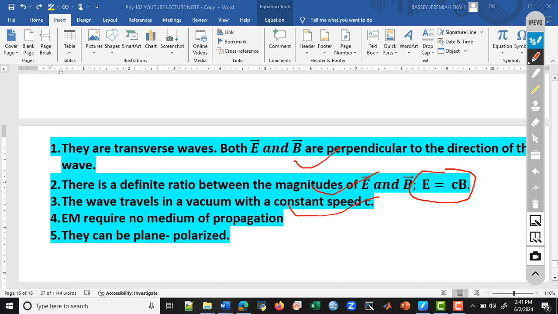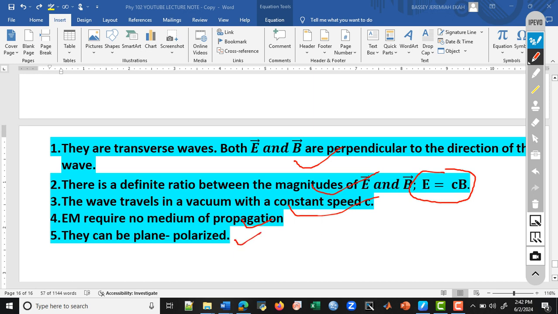And lastly, they can be plane polarized. Electromagnetic waves can be plane polarized. What is polarization? When you have light that travels in all directions such that that light is made to travel only in one plane, that light is said to be polarized.